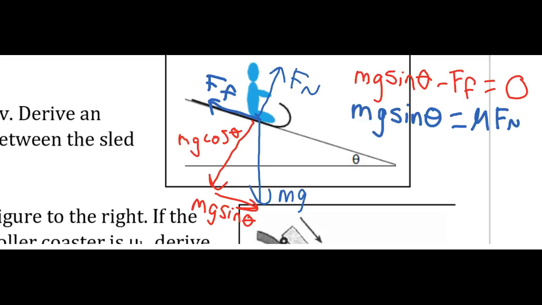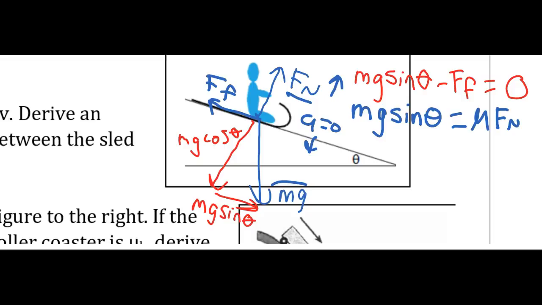Now do not say Fn equals mg. That is, for every specific problem that will change. Right? So if we do it, we can see Fn does not equal mg because they're not lined up. So I know the acceleration in the y direction, so up or down, is 0 because it's not going down or up.